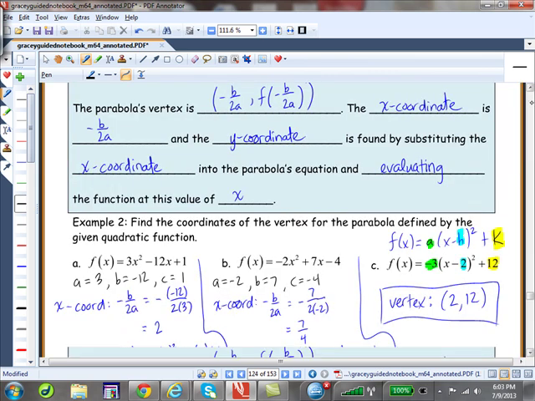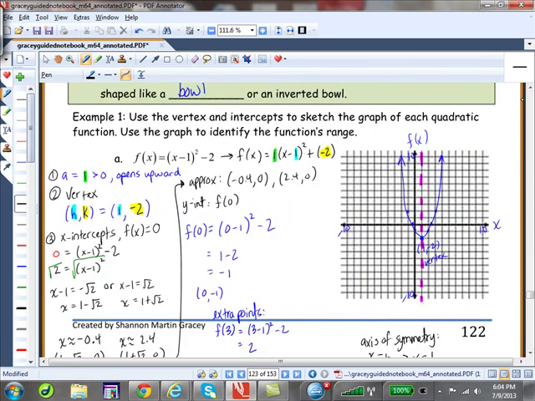So let's identify, we had a couple graphs. So what's the range of this graph? Good.